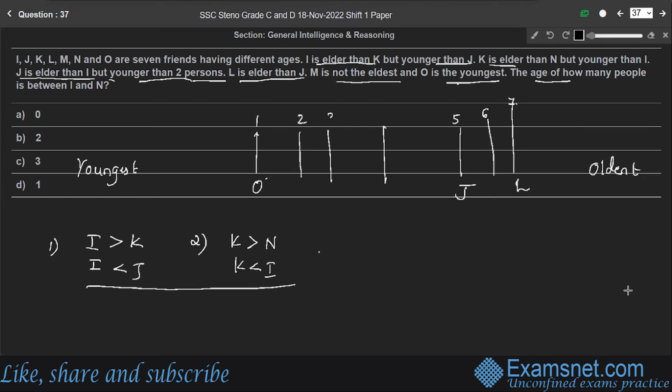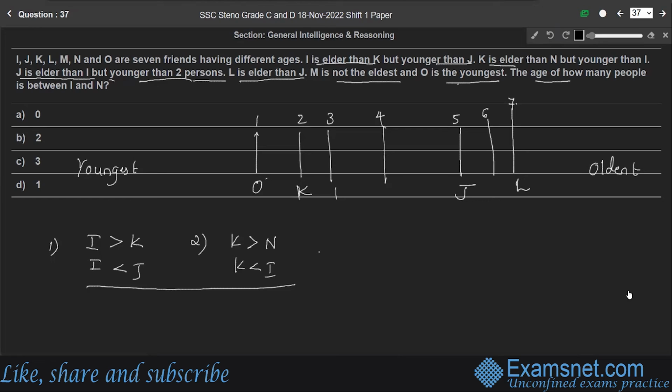If you consider I here, I is younger than J, but I is greater than K. Therefore, K is the younger one. I is greater than K but younger than J. Here also we cannot consider. So K is greater than N.